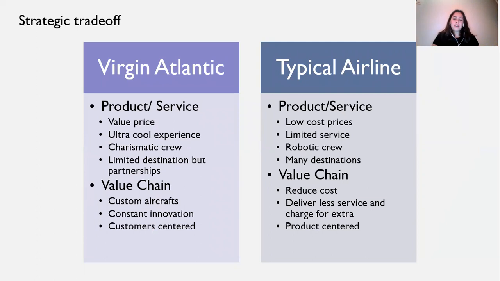So as product and services, we have value price, but the typical airline, for example Delta, American Airlines, however you want to call it, now we will call it typical airline, are mainly low cost or accessible prices, because they will charge you every time. That's why the next point is limited services, because they will try to charge you for everything that you want to upgrade.